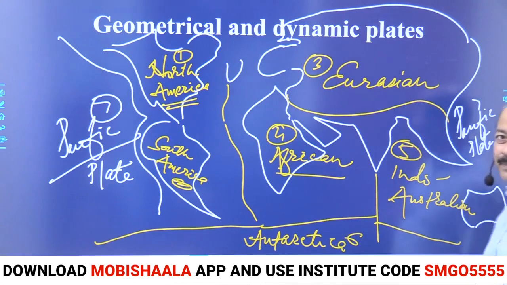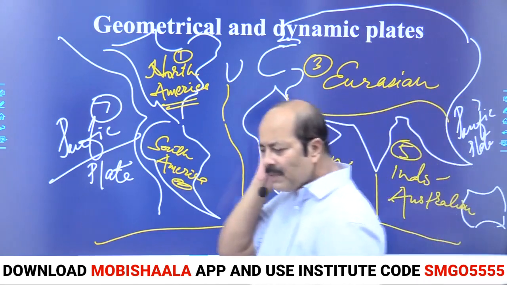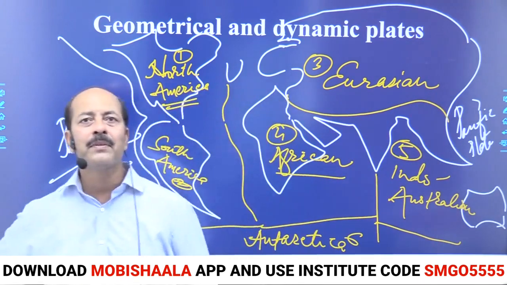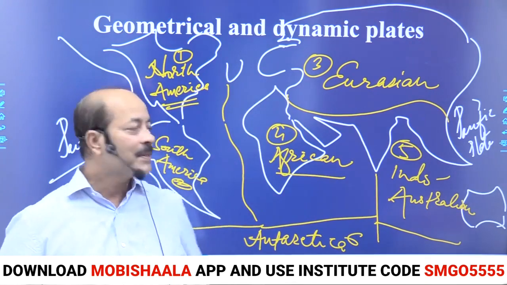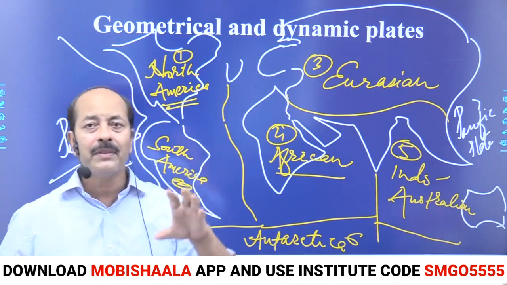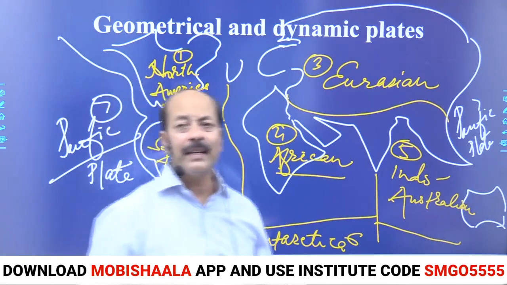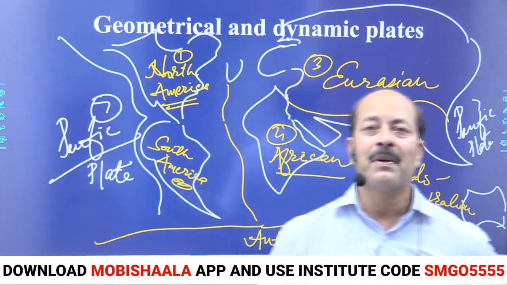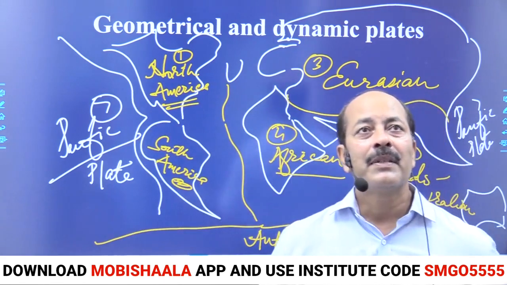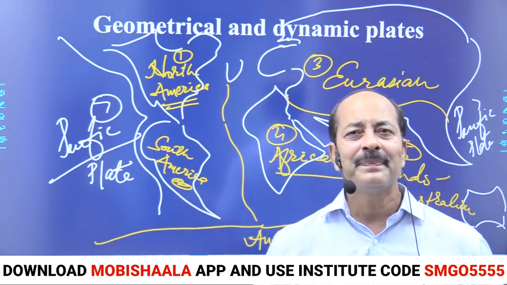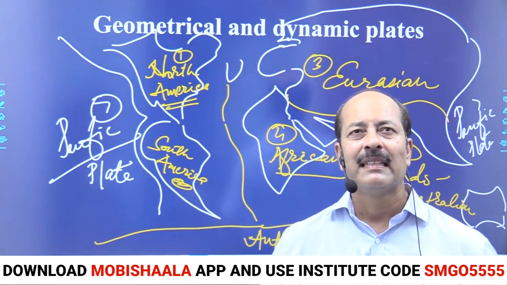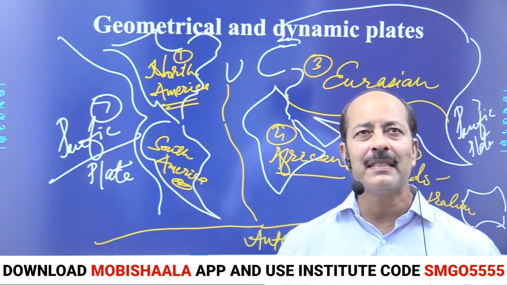In examination we can follow this type of map to show the major geometrical plates, right? So if you are able to draw even by freehand for practice purposes, you can draw these plates. समझ में आ रहा है ये? हाँ, इसको बना सकते हो?